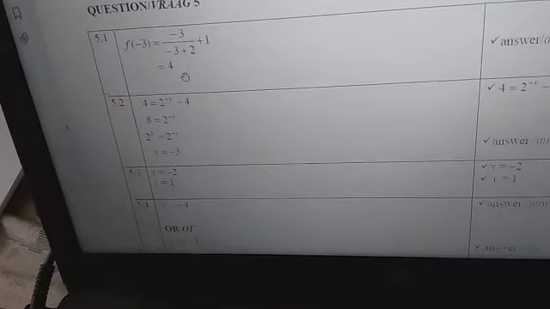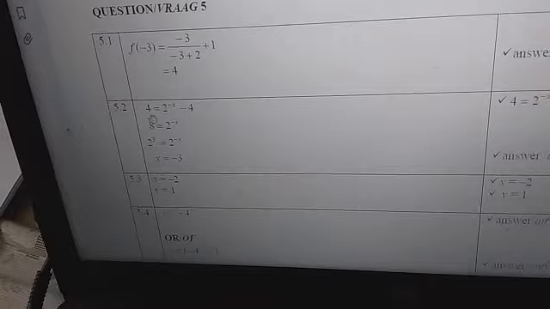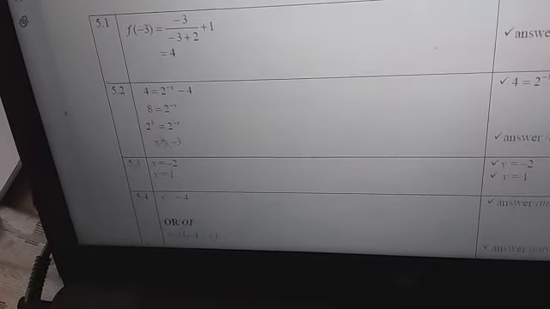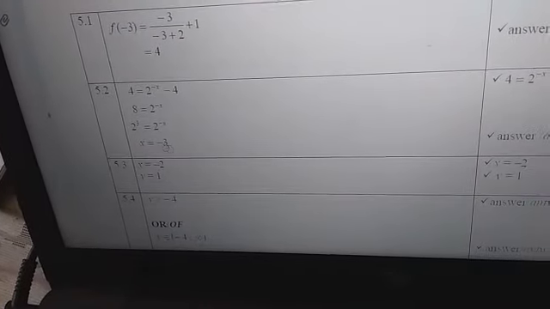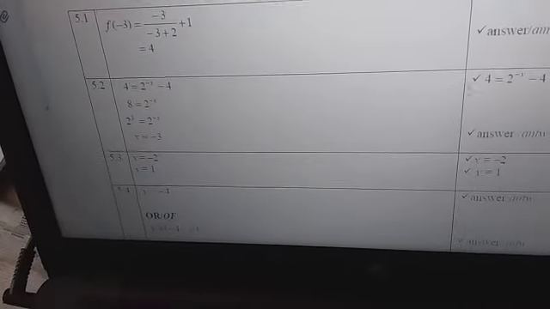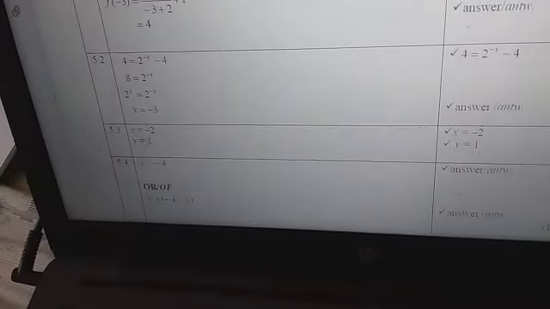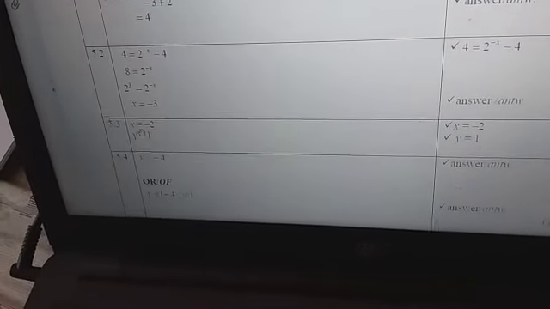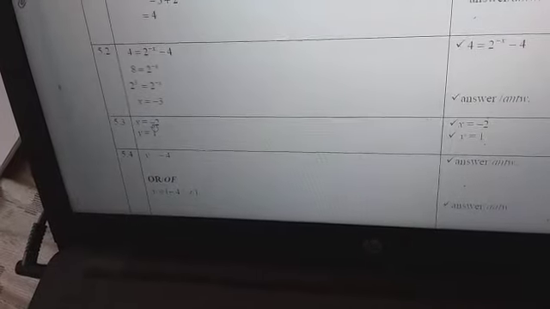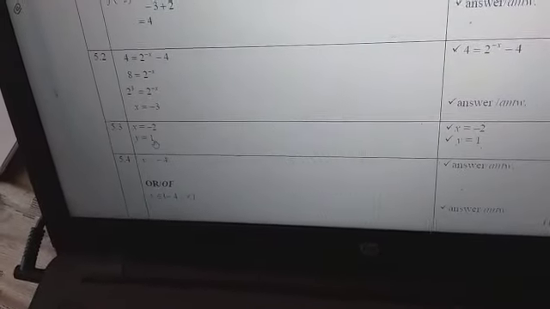So this was the first part, we determined this. And the second part, where g of x is equal to 4, we determined to be negative 3. Okay, they have illustrated that part here. They asked you about asymptotes. The x asymptote is negative 2, and the y asymptote is 1.